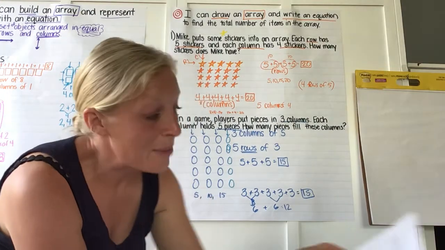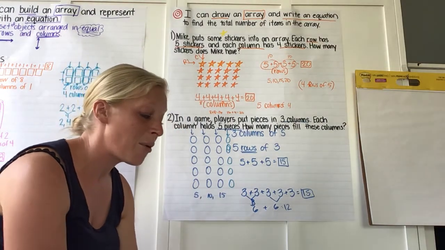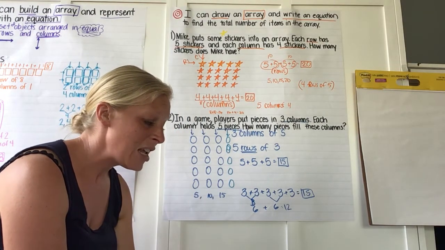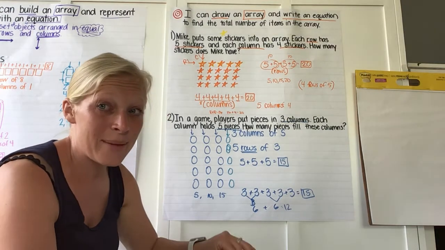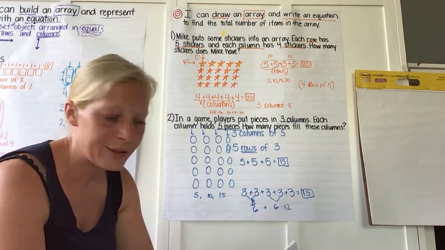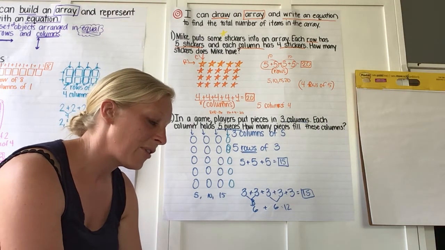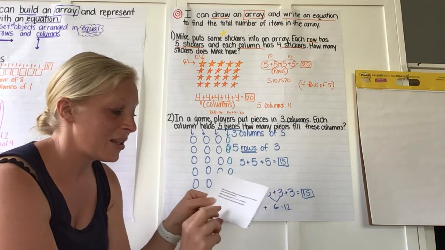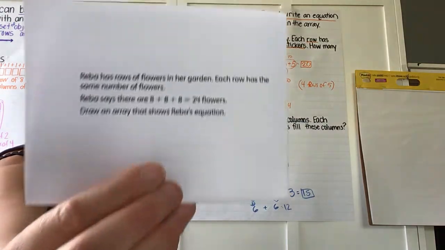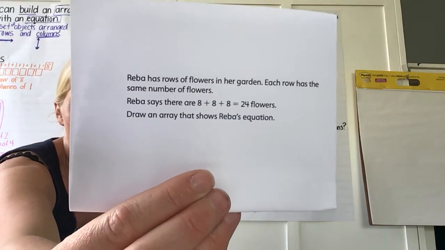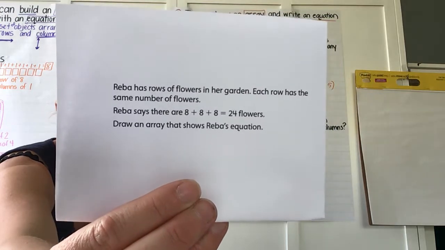It's about Reba. Reba has rows of flowers in her garden. Each row has the same number of flowers, because it's an array, right? She says that that is the equation that matches her work. That there are 8 plus 8 plus 8 equals 24 flowers.